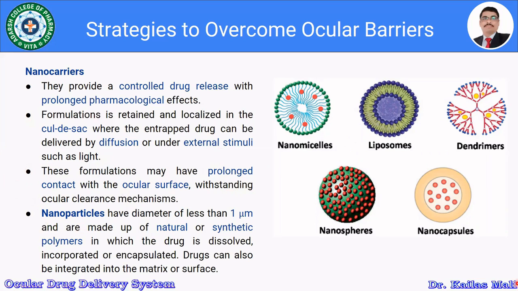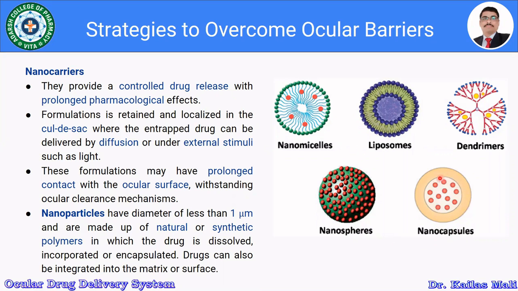The nanoparticles have a diameter of less than 1 micrometer and are made up of natural or synthetic polymer in which the drug is either dissolved or encapsulated. In case of dissolved, we get the matrix type of formulation, and in the case of encapsulated, we get the nanocapsules.